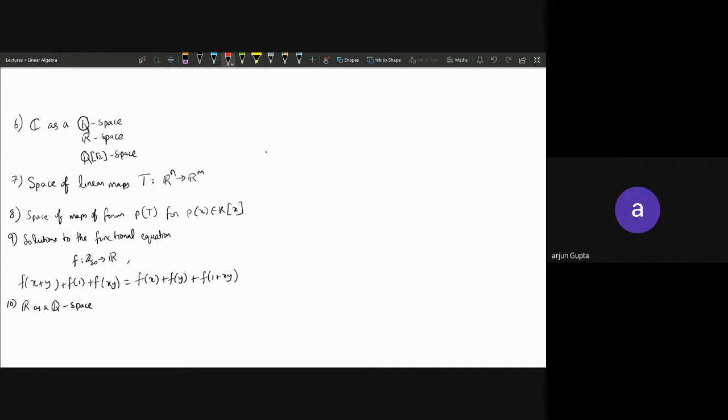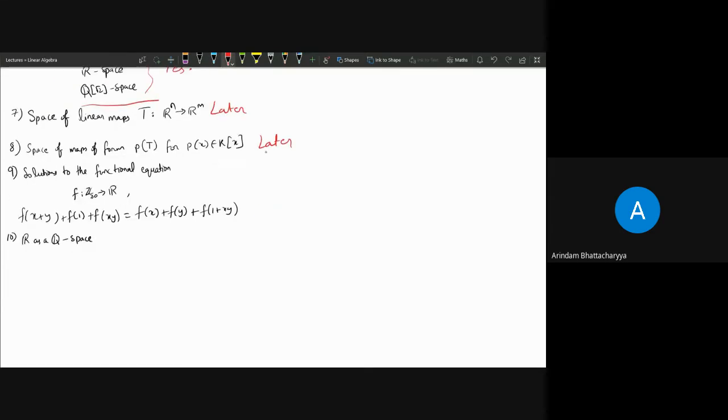It's Q, the rationals. Yes, it is a vector space over everything, over all of them. Okay, we will come back to this one later. This also later.